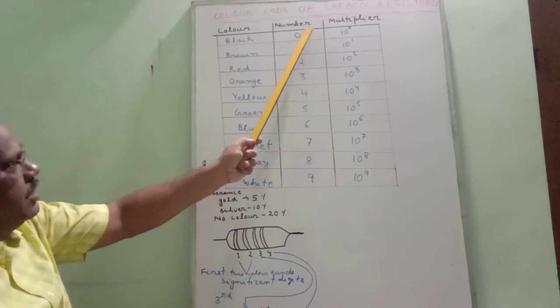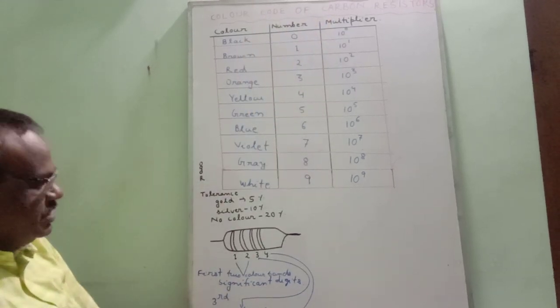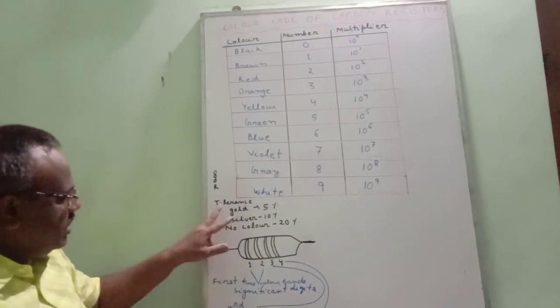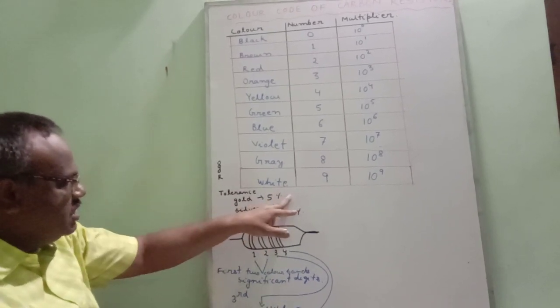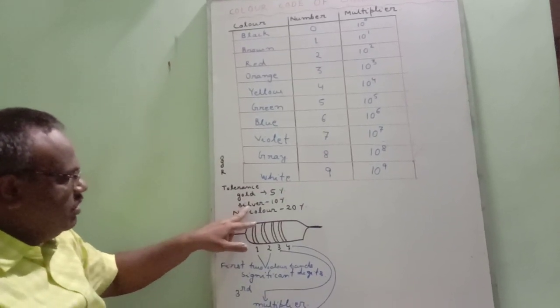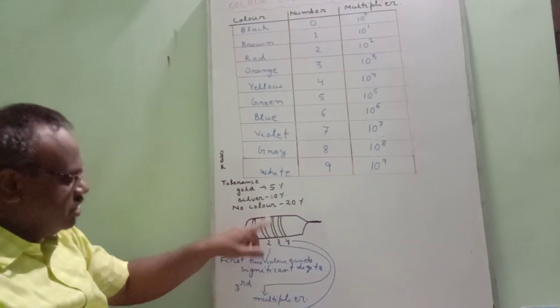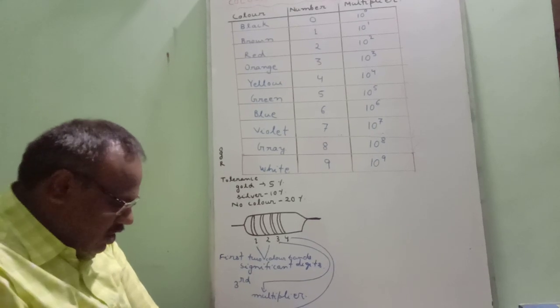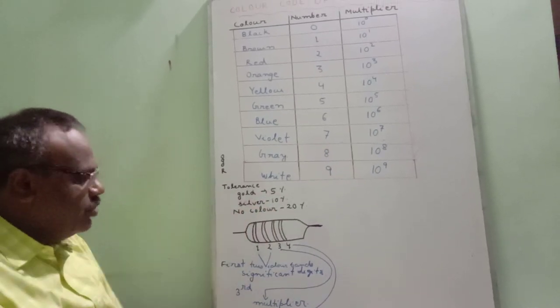The multiplier is just the power of 10: 10 to the power 0, 10 to the power 1, like this. For tolerance, if the fourth color is gold, then it is 5%. If it is silver, then it is 10%. If there is no fourth color, only 3 colors, like here, then the tolerance is 20%.